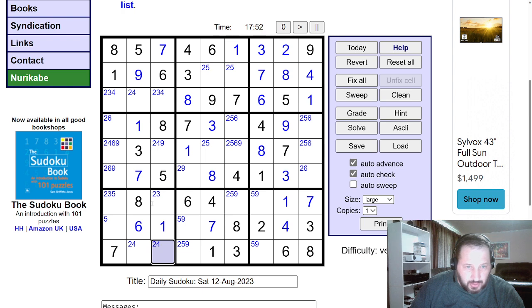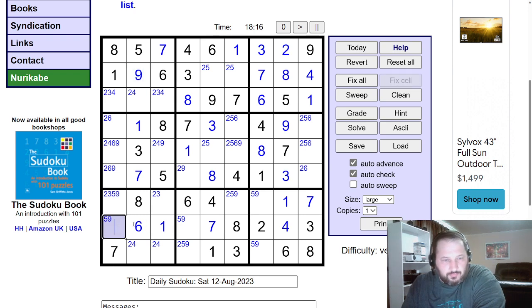We've got our 3 in one of these two spots. 4s in one of these two spots. 5 is over here in one of these two spots. 6, 7, 8. Now looking at our 9, 9 can't be in the center, but it can be everywhere else.